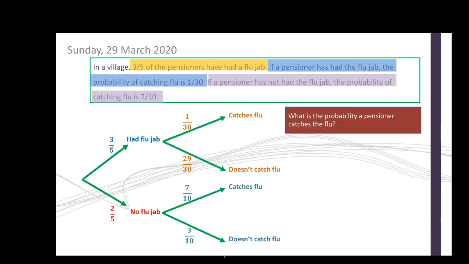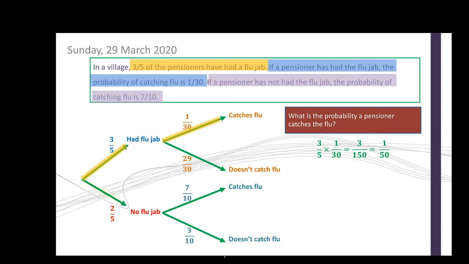The question then: what's the probability that a pensioner catches the flu? So I want had the flu jab and catches the flu. That's 3/5 times 1/30, which is 3/150. I've cancelled it down for this one, only because it makes the work easier in a minute.